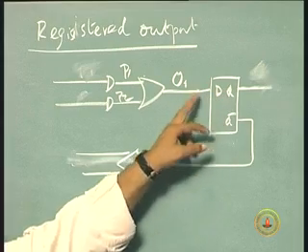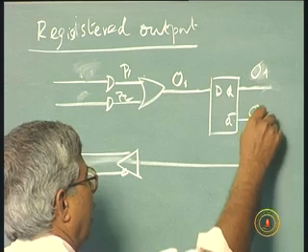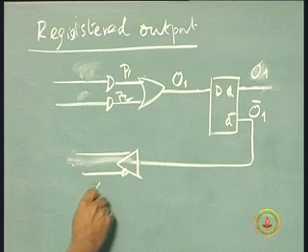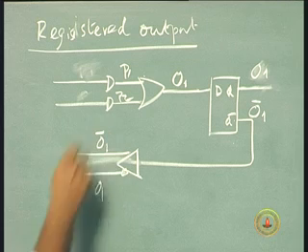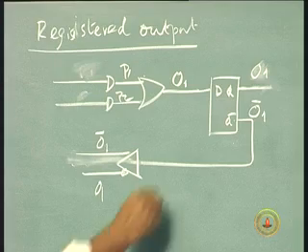Remember that this variable is O1, which is available here as O1, but this is O1 bar. So, when you invert it, you have to make sure this is O1 bar, this is O1, this is O1 bar. The whole thing is within the IC.